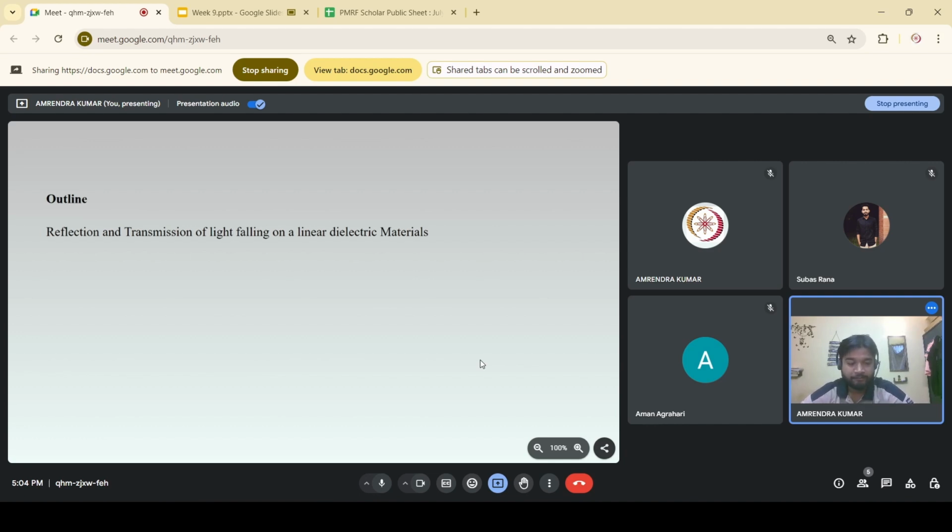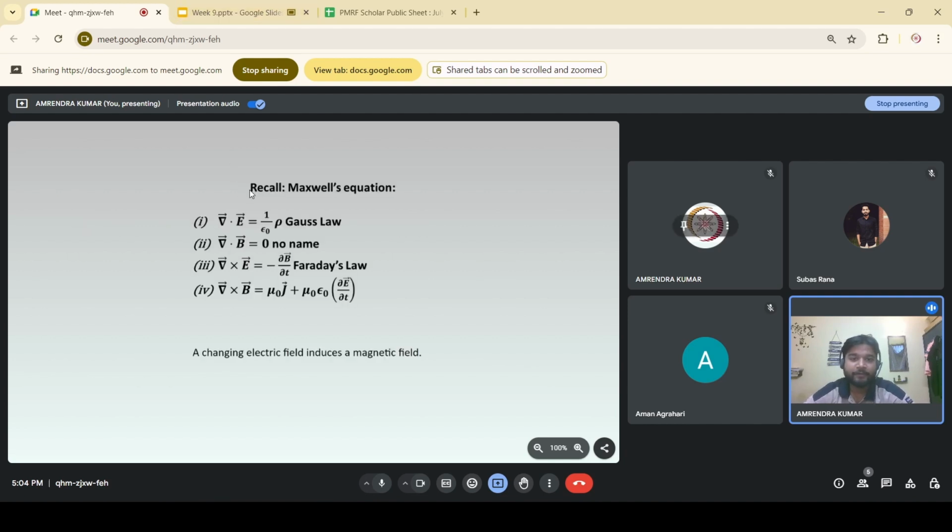Okay, so I will go to our first topic. Let's recall the Maxwell equations. There are four equations. Del dot E is equal to 1 over epsilon naught rho, which is just the differential form of Gauss's law that we saw in the previous tutorial session.